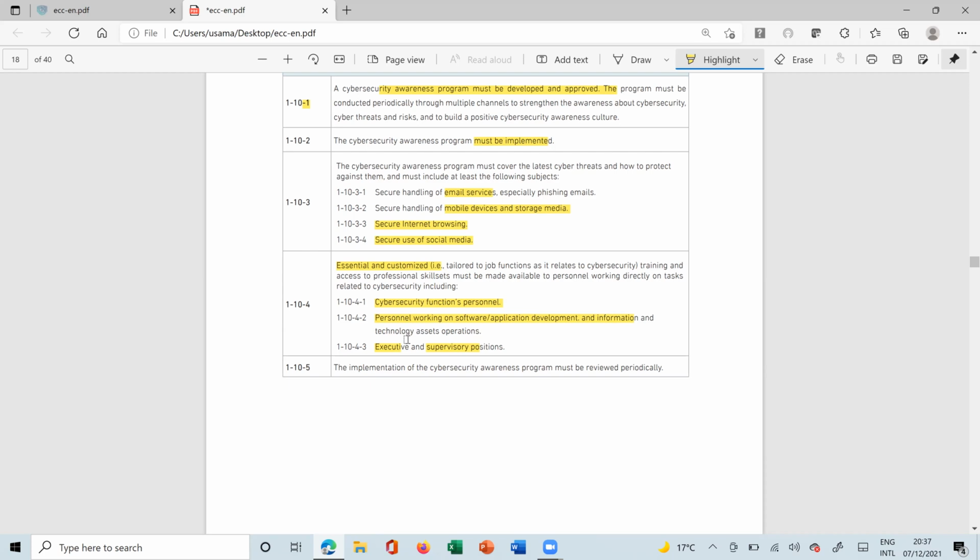You have employees, you have managers, you have top management, you have the board of directors. Of course, for email, mobile devices, storage, internet browsing, and social media, all this information is common for all of them.